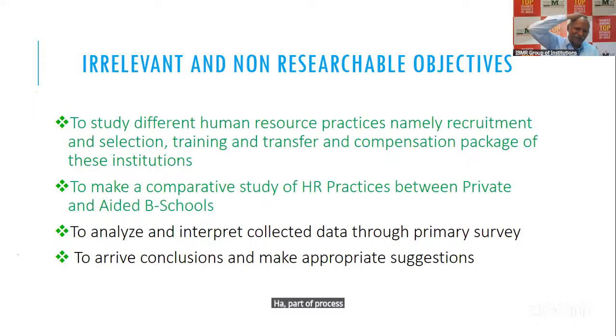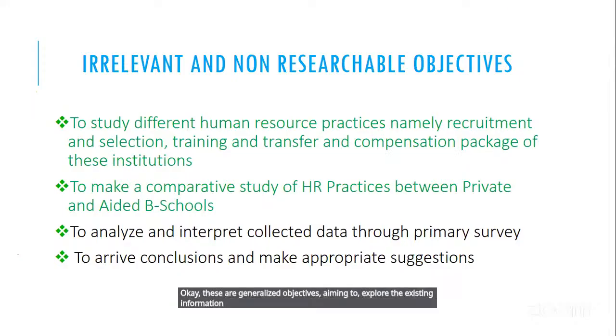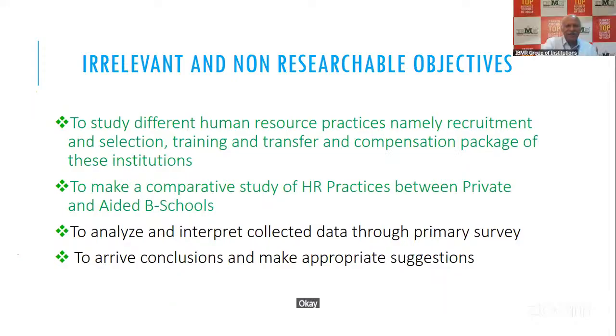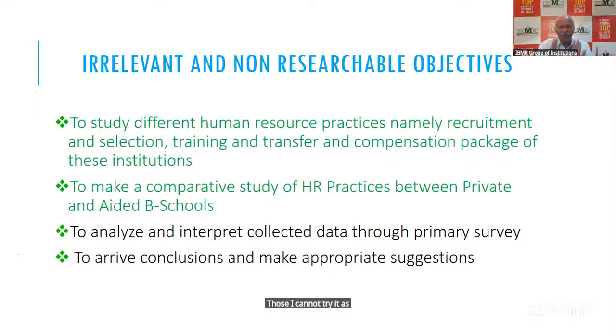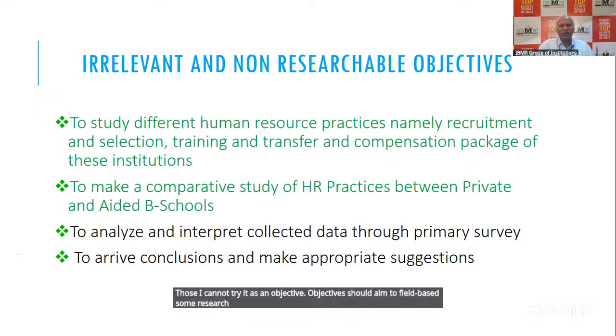Very good. These are generalized objectives aiming to explore the existing information. Analyze and interpret is a part of the research process. I cannot write those as an objective. An objective should aim to bring some field-based research outcome.